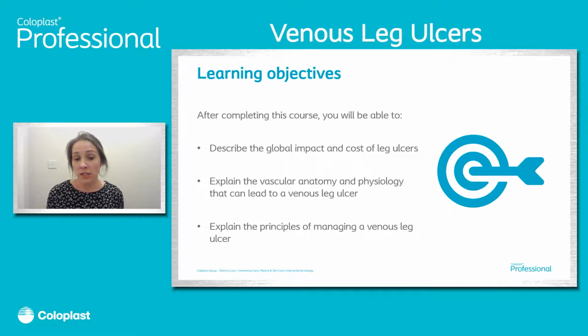And explaining the principles of the management of venous leg ulcers. And that's really, again, key to be able to do to help our patients understand the importance of management of their venous leg ulcers and management prevention strategies to stop these venous leg ulcers from reoccurring.